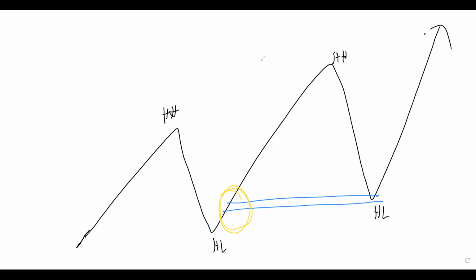So your bank will place 500 million on the buy, and they will also place 500 million on the sell. So two trades are taken at this level, right?